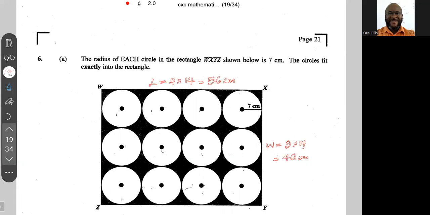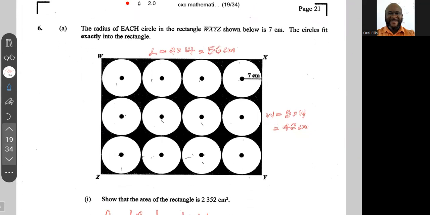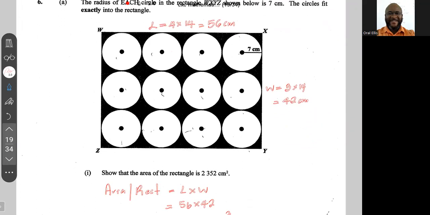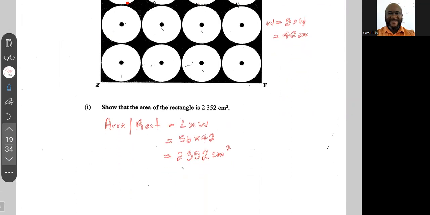The diagram is like a cartridge paper, and out of this cartridge paper you cut out 12 circles. So what is left is after you cut out the 12 circles. So the area of the shaded region is the area of the rectangle minus the area of the 12 circles.